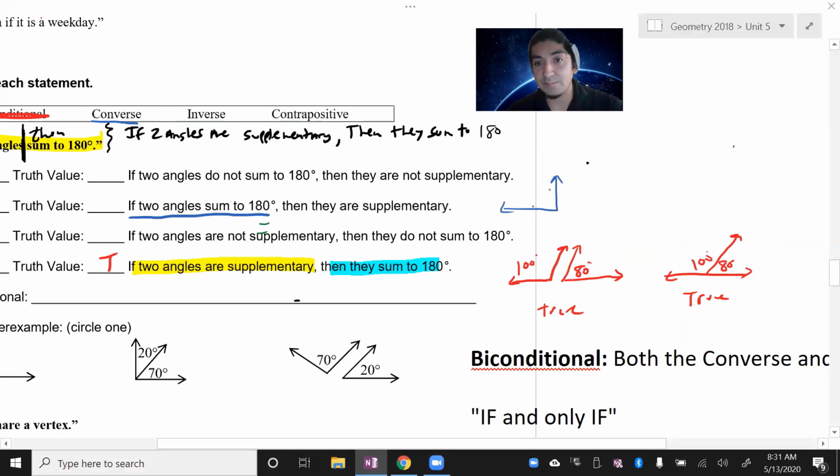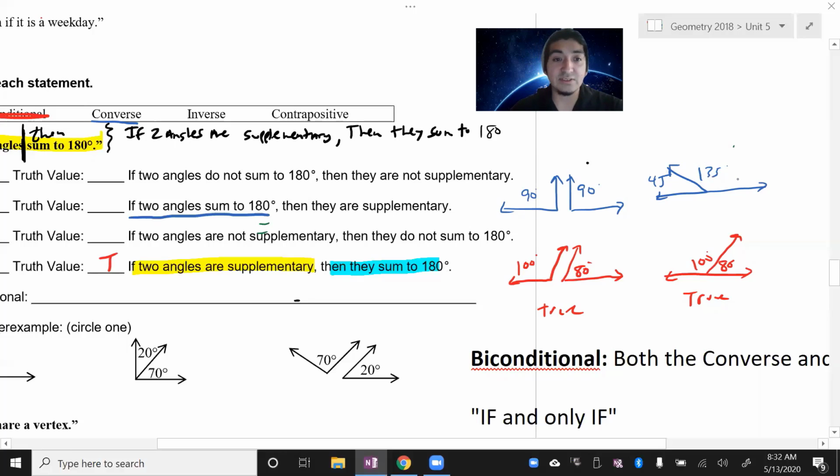So here, it's 90. I'm going to draw this one over here. That's going to be 90 as well. And then let's draw something different. Let's draw it this way. And I'm saying that's 45. And I'm saying that's going to be 135.